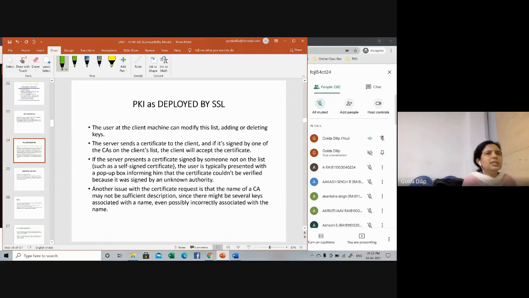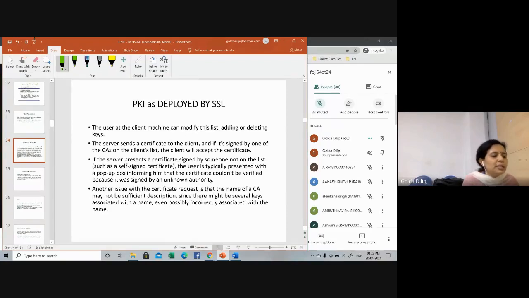I told you these days clients are configured with the public keys from trusted organizations, and those organizations are trusted by the browser vendor, but the user always has the facility to modify the list. You can add a key or delete a key. All those provisions are there.